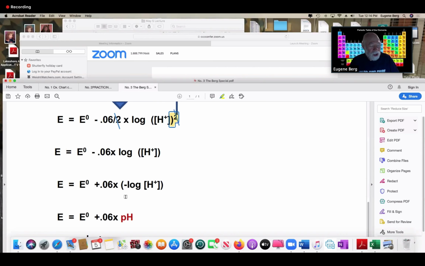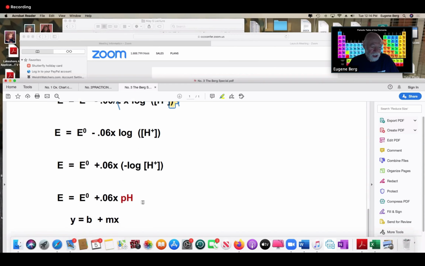So now we got pH in the equation. Now, on the final exam, if I ask you to solve for pH, you have 2 choices. You can just solve for hydrogen concentration and then get minus the log of it later. Or if you're clever enough and you get pH right into the equation itself, it makes your math a little bit easier.